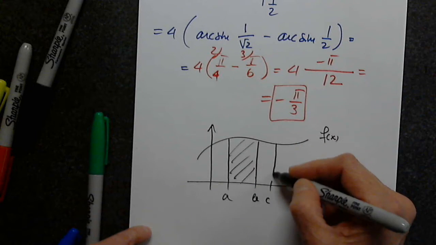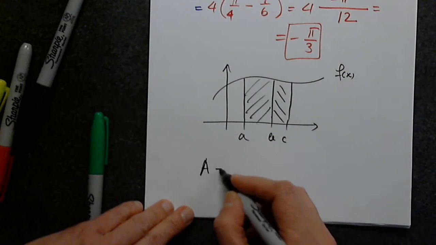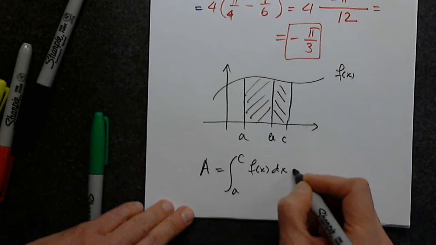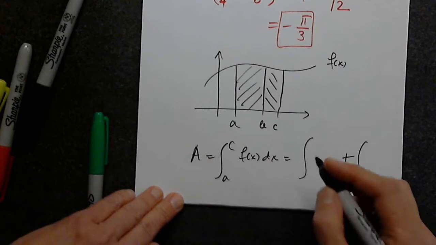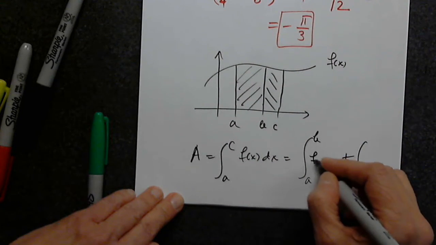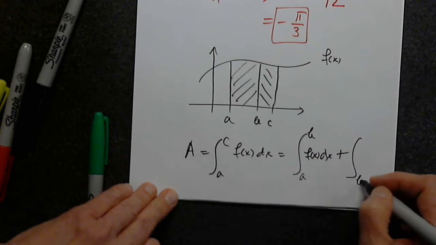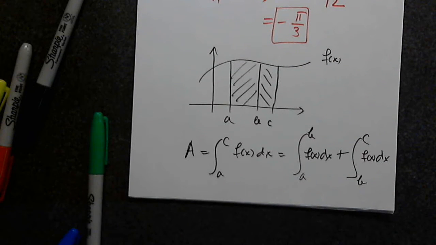And this is another area. If I want to determine the area, which is the integral from a to c of f of x dx, I can split it into two integrals. The integral from a to b of f of x dx, and the integral from b to c of f of x dx. And I have an application of this right now.